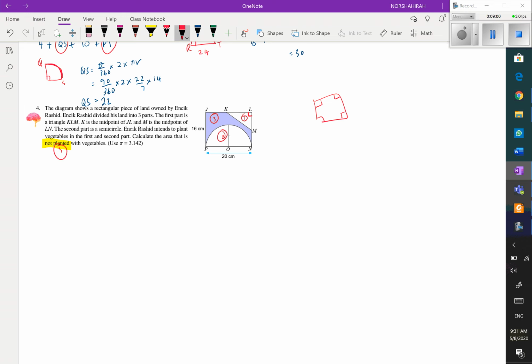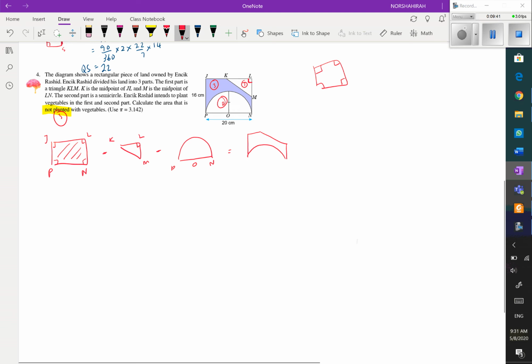Asalnya tanah tu bentuknya rectangle JLPN. Ni the whole area, tolak dengan right angle triangle KLM, tolak lagi dengan area of your semicircle PON.